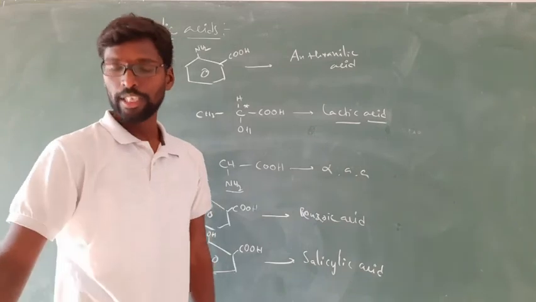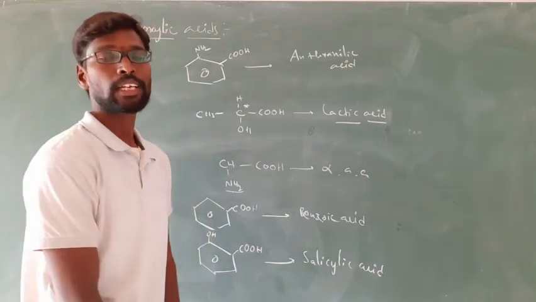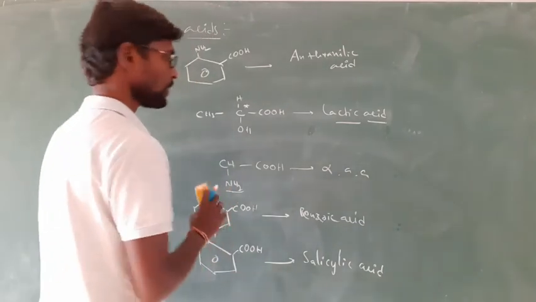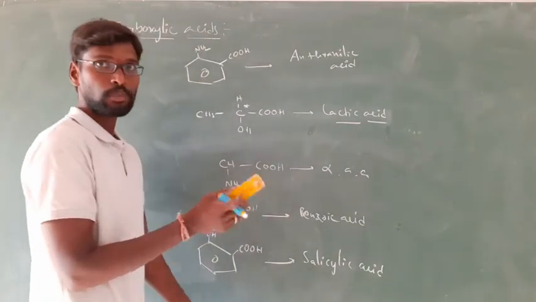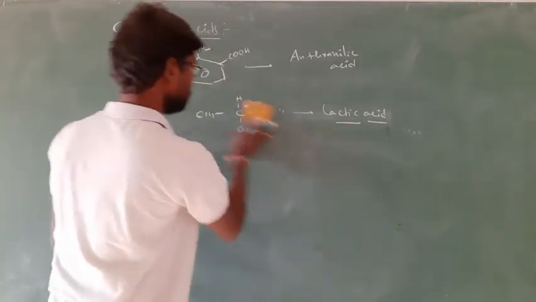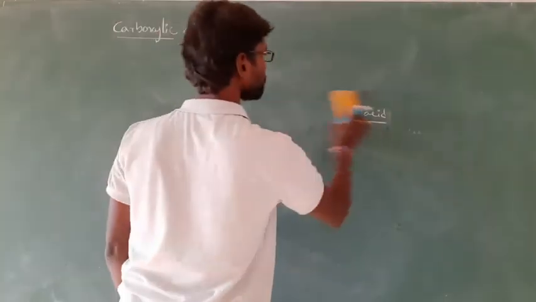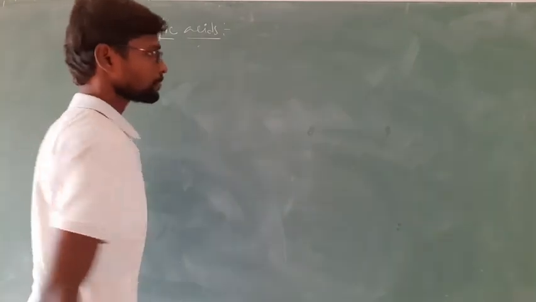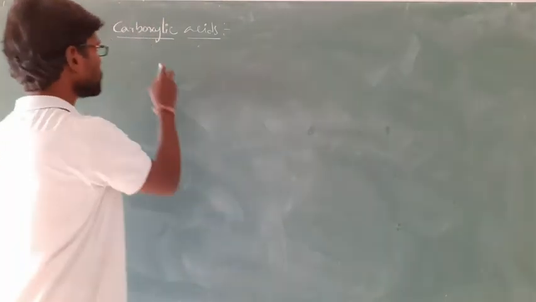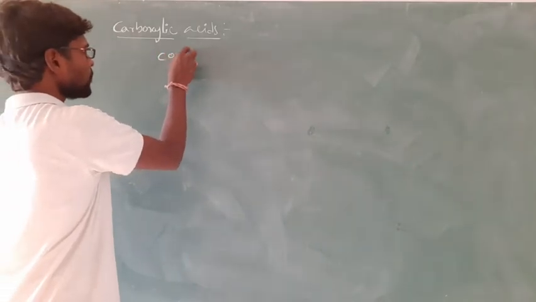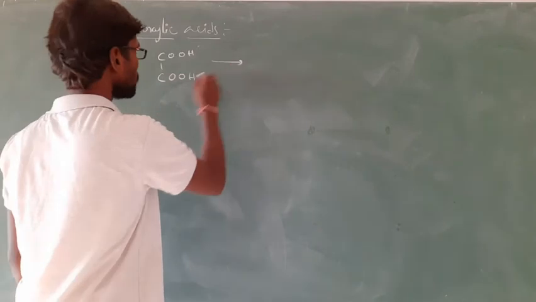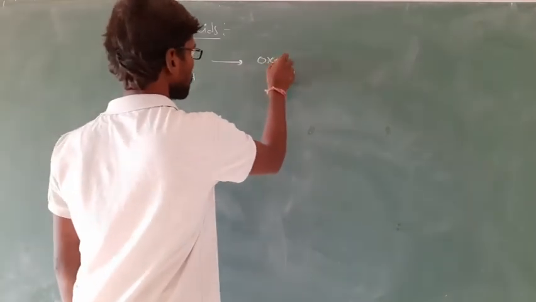So next we will discuss some of the dicarboxylic acids, right, and how they are present. We will discuss what the structures of dicarboxylic acids are. These dicarboxylic acids are important for your competitive purpose. COOH bond COOH. So this is called oxalic acid.